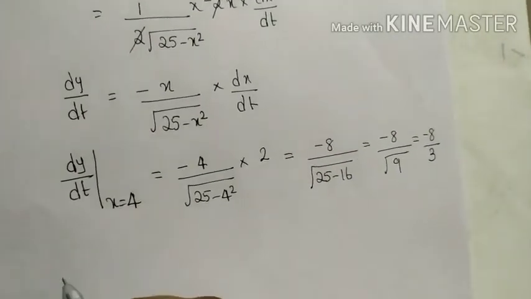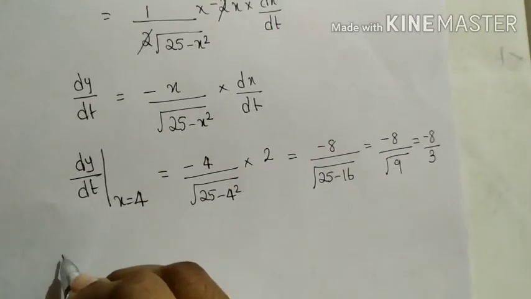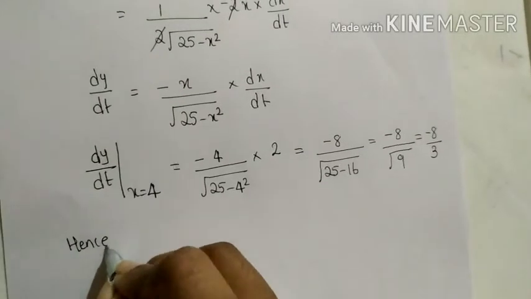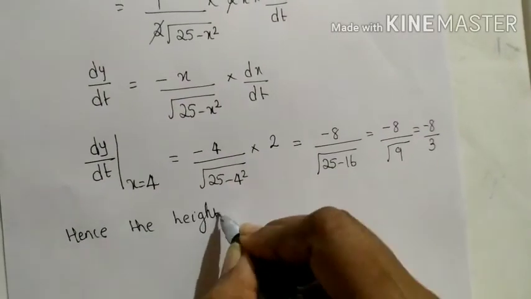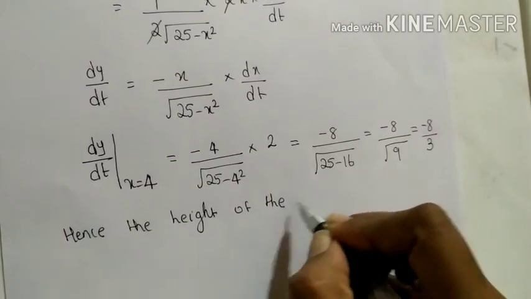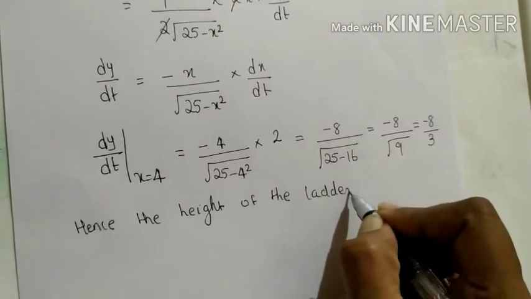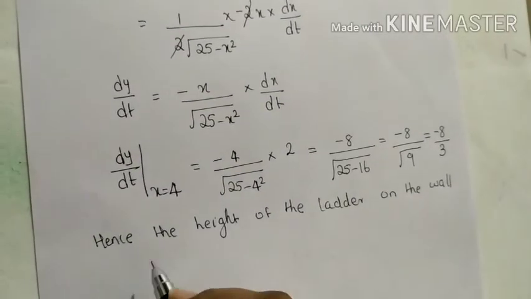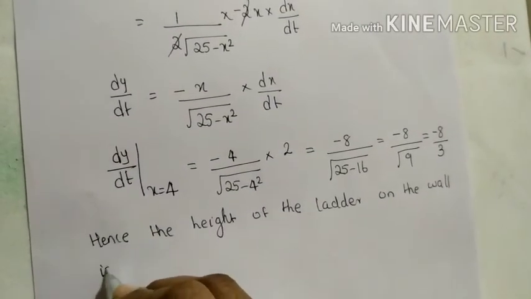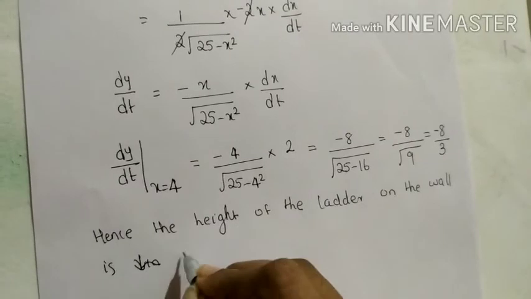Okay, so hence we get the height of the ladder on the wall is decreasing.